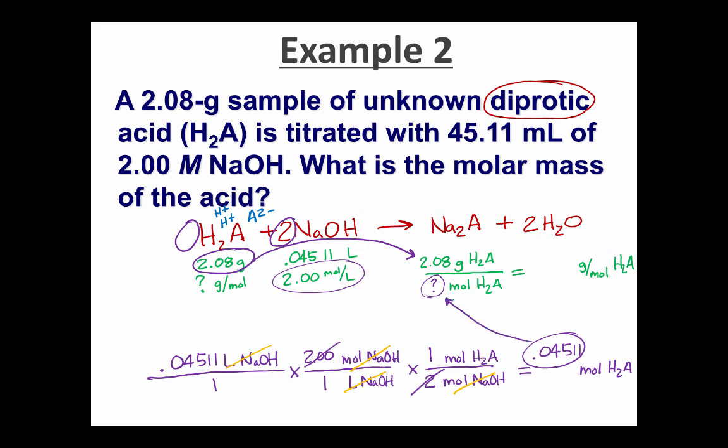Plugging this in the denominator here and dividing these two numbers, we can find the molar mass of the acid, which is 46.109510, etc. From the measurements, I see that there are only 3 significant digits, so I'll round my answer to 46.1 grams per mole. Now you can find molar mass and molarity from titration data. Good luck as you complete your titration calculations.